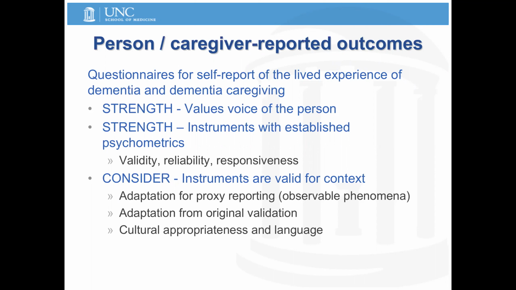So you might ask the question, is this instrument adapted for proxy reporting, knowing that you're going to be working with a population that might be able to self-report at the beginning of your 12-month data collection, but lose capacity to self-report later? You might want to ask if these have been adapted specifically to the dementia population that you're interested in studying.